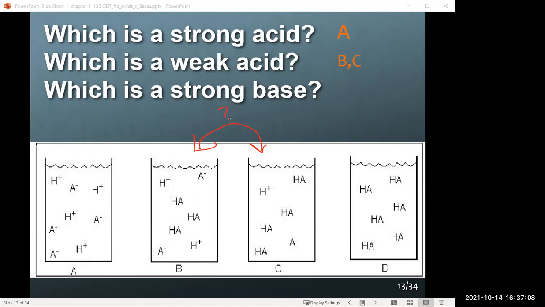We already established that A is the strongest acid of all the examples here, and that B and C are both weak acids. But can we determine which one is stronger within the weak acids, B or C? What would you say? Any ideas?